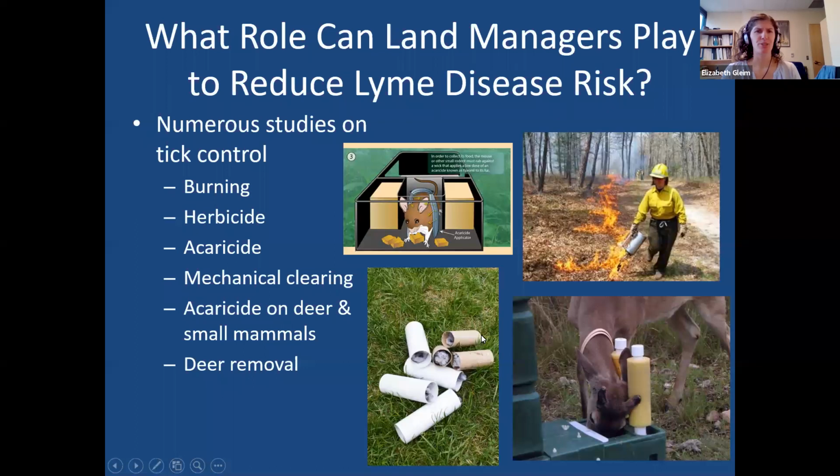There are a lot of do-it-yourself instructions for how to make your own tick tubes online, and there are also some commercially available tick tubes. Again, aptly named, they are tubes with acaricide-treated cotton inside. The mouse goes in, uses this cotton for nesting, and in the process gets coated in the acaricide that the cotton's treated with, removing all the ticks from the mice.